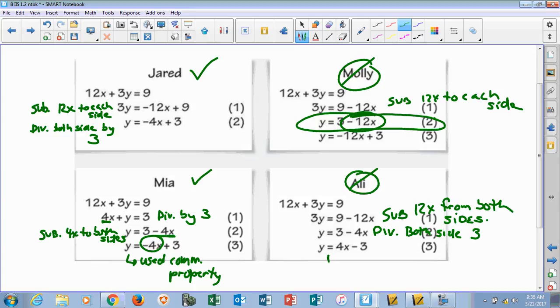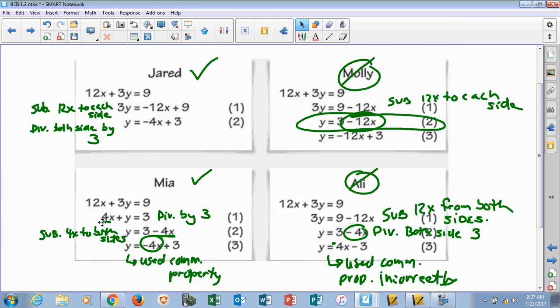But what she screwed up on is she failed to use the commutative property the right way. When she moves the 4x, it should be a minus 4x out in front. And she didn't use that. So she used the commutative property incorrectly. Okay. So big mistake there.